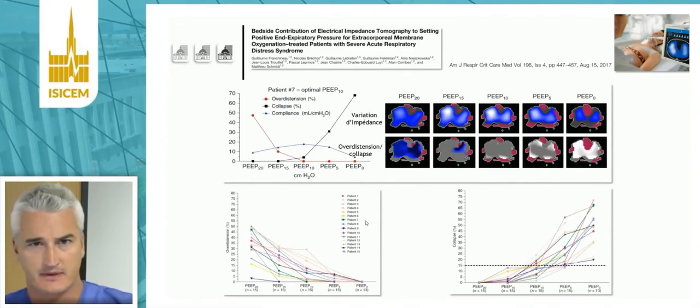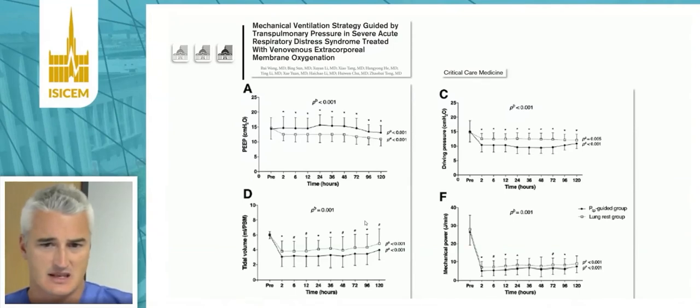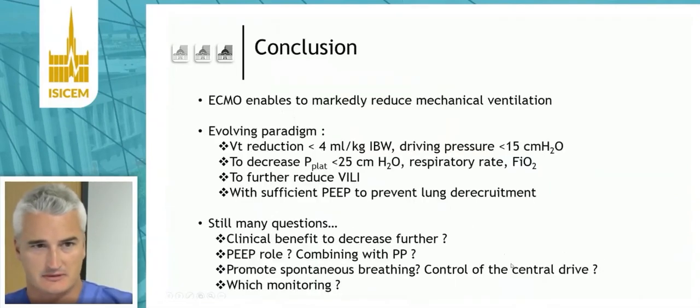So electrical impedance tomography has been used, and more recently, an interesting study from China suggested a better prognosis and a lower mechanical power at the end on ECMO if you used transpulmonary pressure in these severe patients.